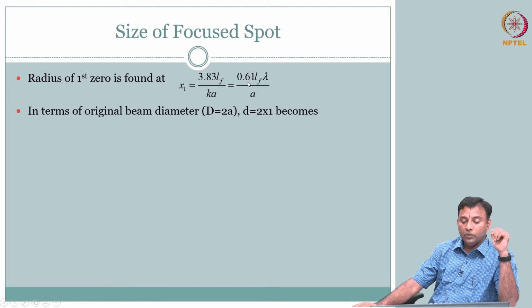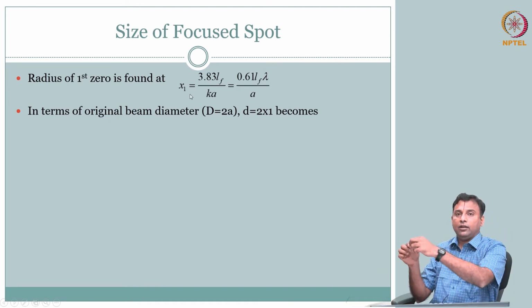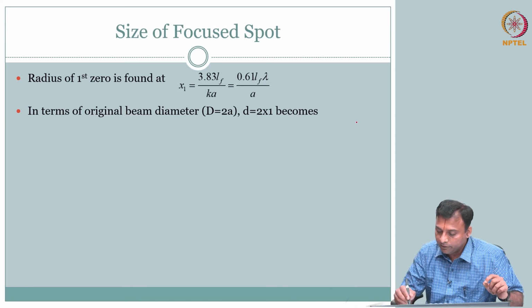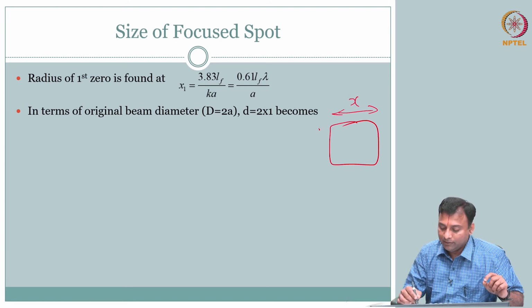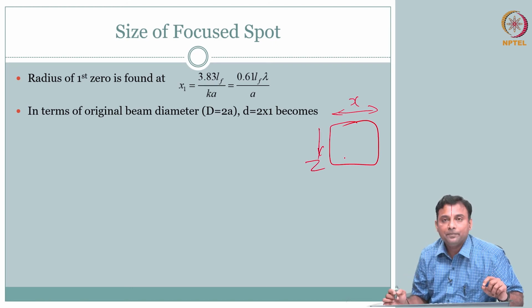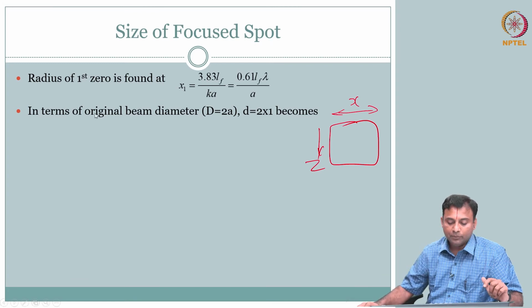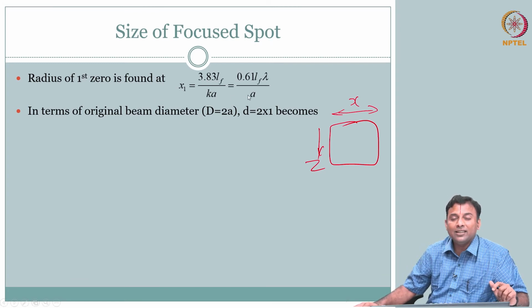This x1 is your azimuthal, in the imaging plane. This is my azimuthal or x, this is my z, right? So x1 is the width, that is what we are after. In terms of the original diameter, A is what? Radius, I said, so diameter is 2A.